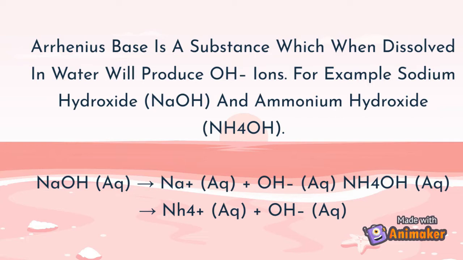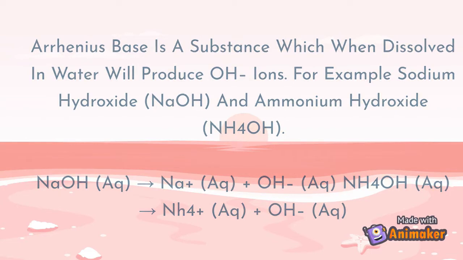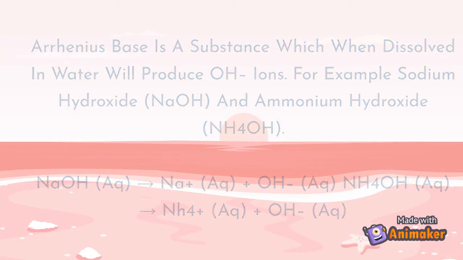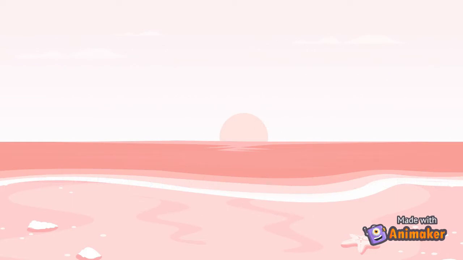For example, sodium hydroxide and ammonium hydroxide, where the equation for the basic reaction is on the picture. Bases that produce a lot of OH- in solution are called strong bases, while those that produce little OH- ion are called weak bases. But not all the compounds that contain a hydroxide group in their chemical formula are classified as base.